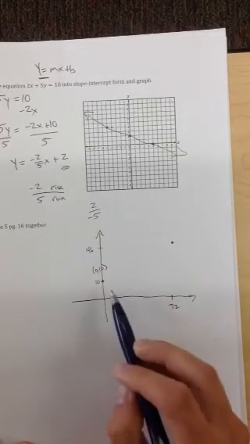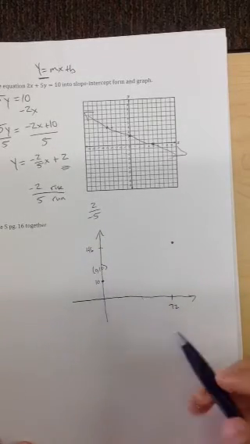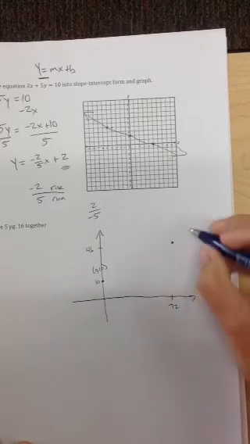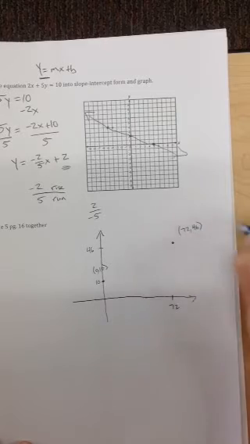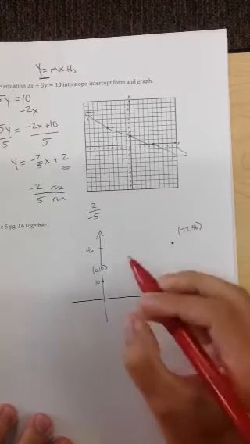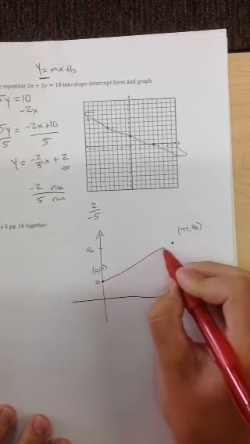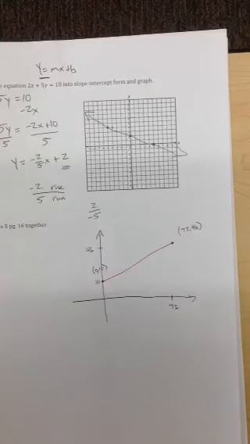So that's the bottom of the slide at (0, 10). For the top of the slide, we had to go right 72 and up 46, so the top of the slide would be at (72, 46). Okay, I'm going to draw my slide in here. That's my slide. Then they tell us there are these vertical braces.